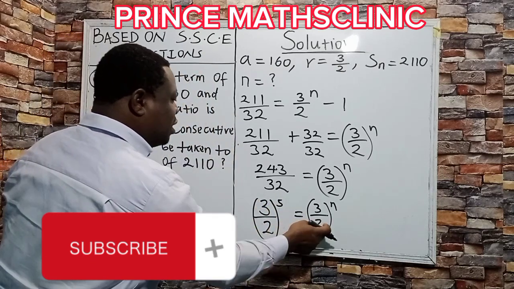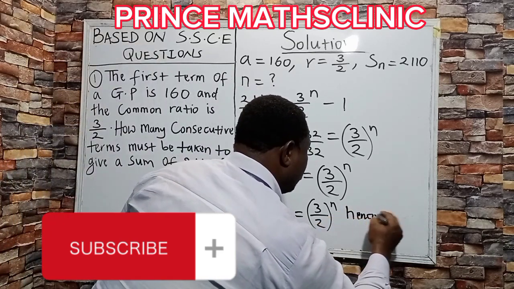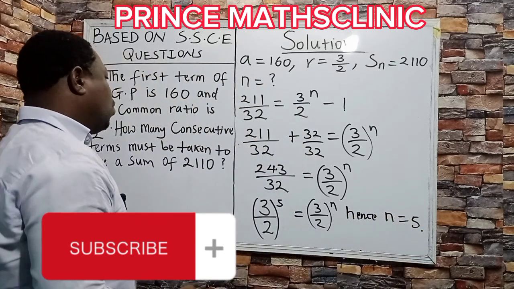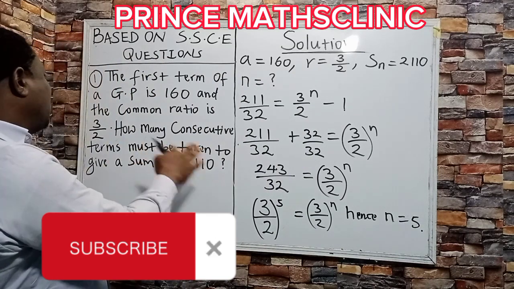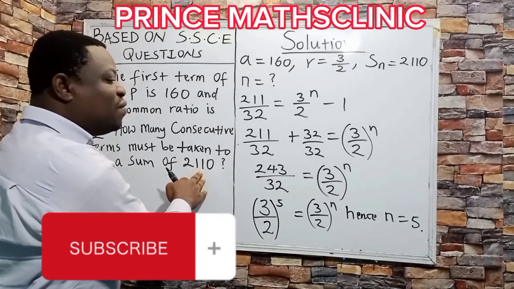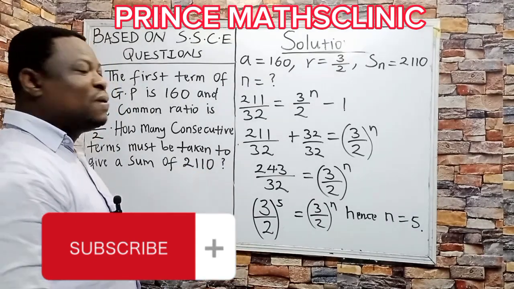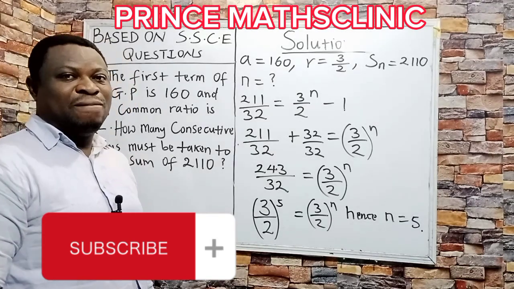Therefore, the bases are the same, hence our n is equal to 5. So what it means is that the number of terms that must be taken to give the sum of 2,110 are 5 terms. So that is the solution to this particular question.